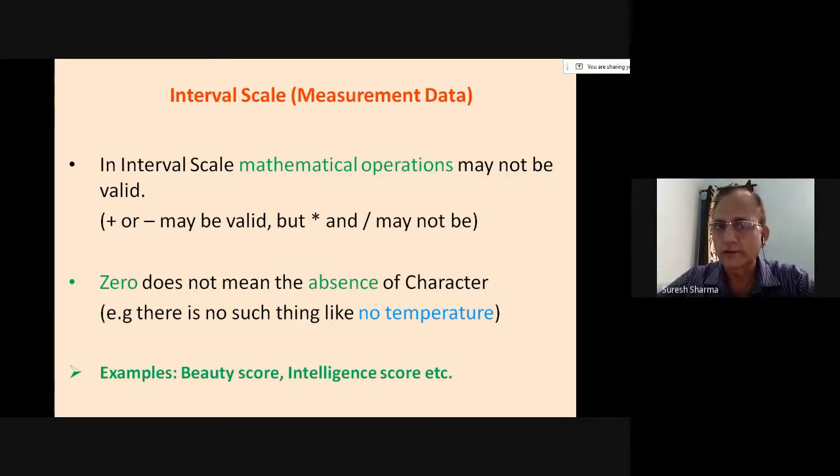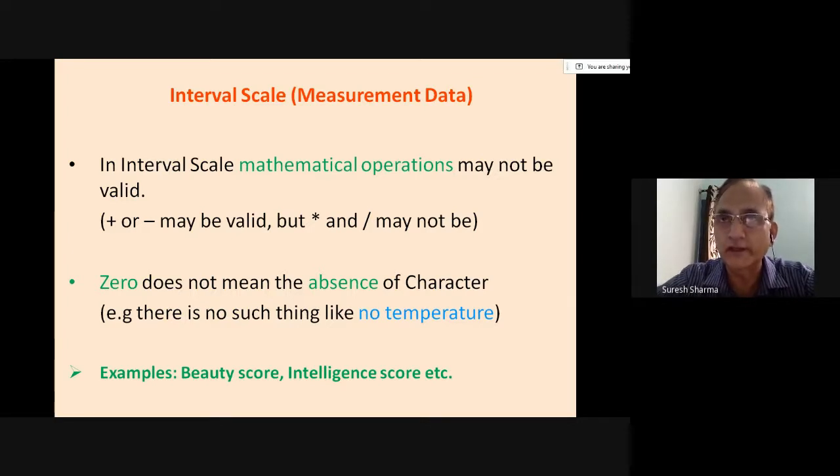And moreover, in interval scale, 0 does not mean the quantity is absent. For example, if I say temperature 0, it does not mean the temperature is absent. It is still better than -5. If I say somebody has scored 0 in a test, it does not mean the person is not intelligent at all.